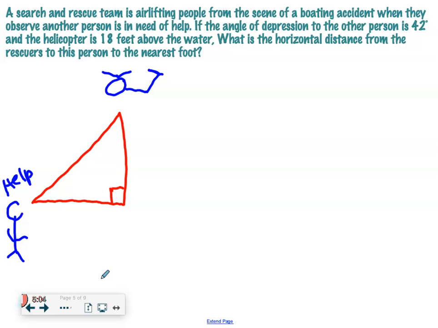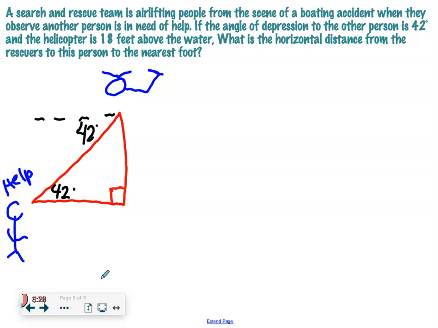What else do we know, folks? It says the angle of depression is 42 degrees. So remember, here's our angle of depression. Where would it be in my triangle? Right here, right? Yep, 42. So remember, these are the same, alternate interior.